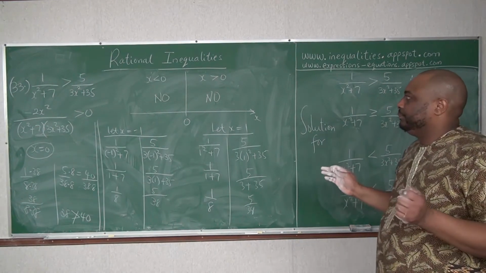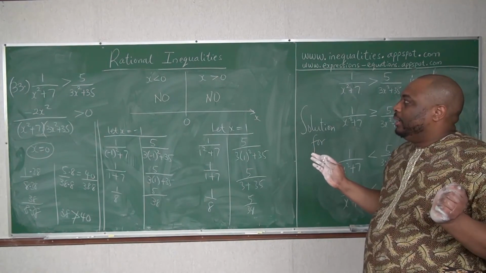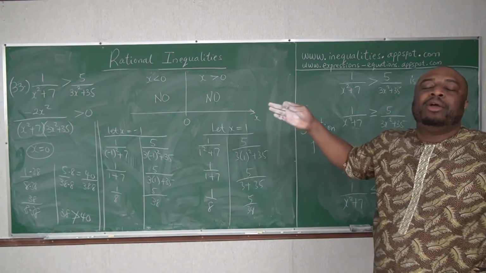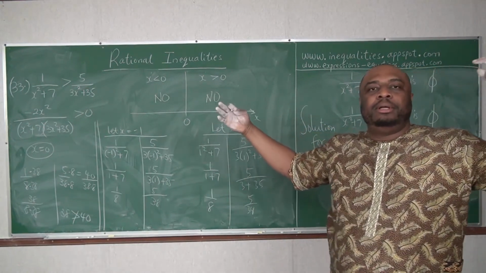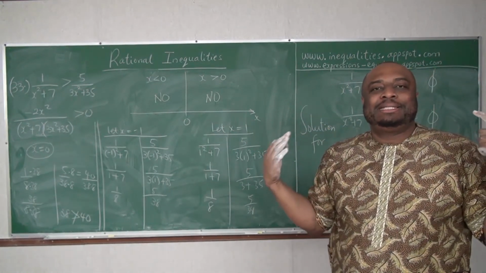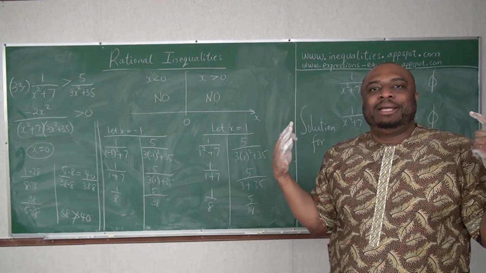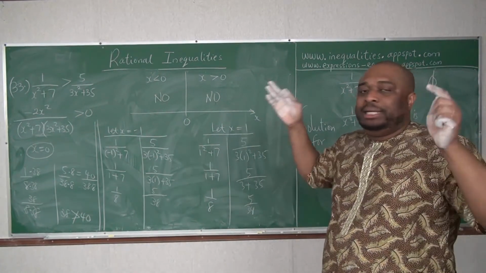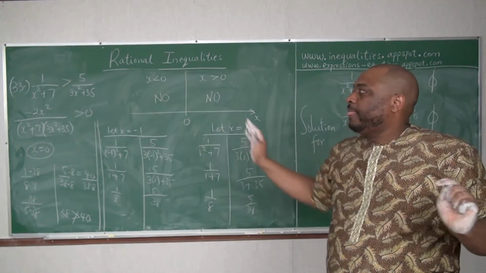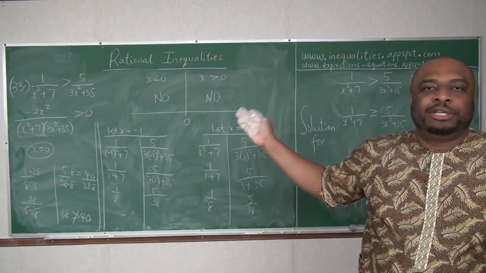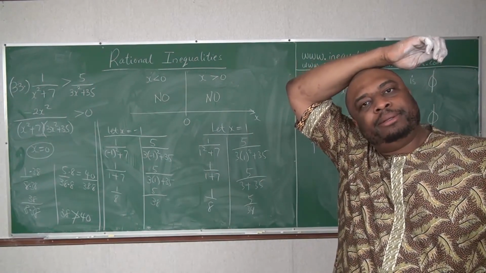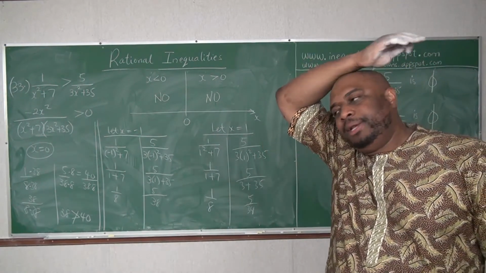Sorry. 0 is included, because here, remember, we don't have anything that is not included in the domain. Actually, when you have a function like that, x squared plus something, it includes everything in the domain if you have it as the denominator.